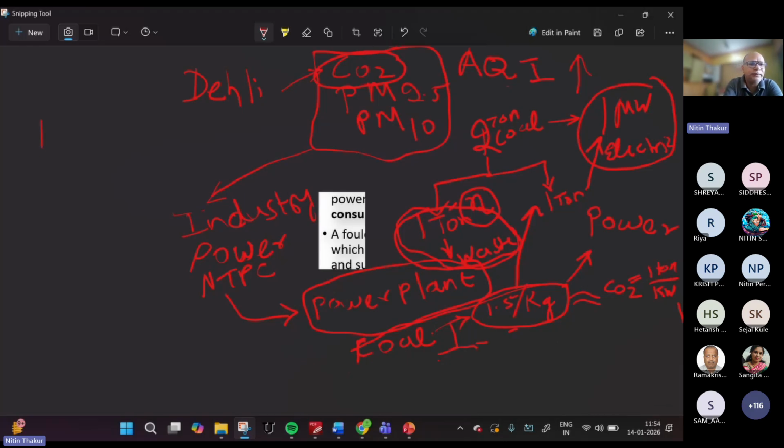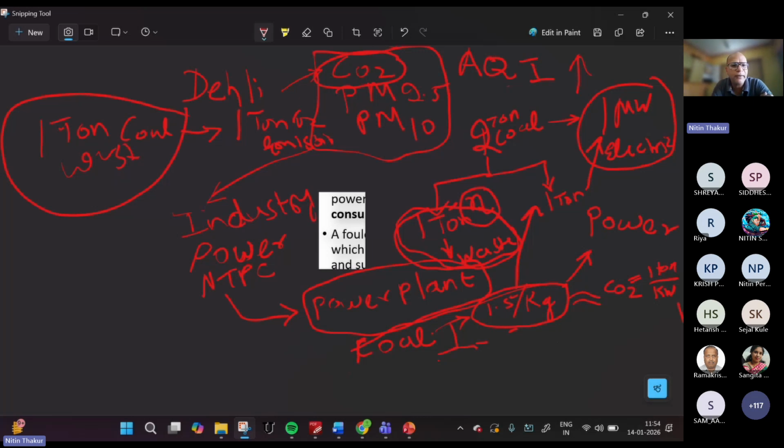So imagine, just taking a number, 1 ton of coal that is waste heat will be making 1 ton of CO2 emissions. And this is the area where we feel that we can optimize it.